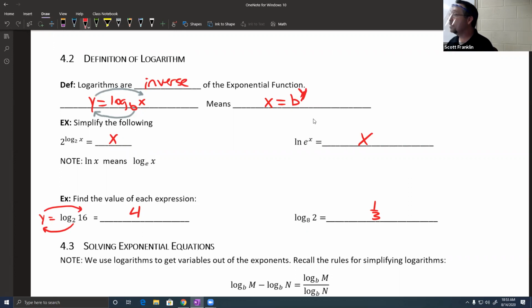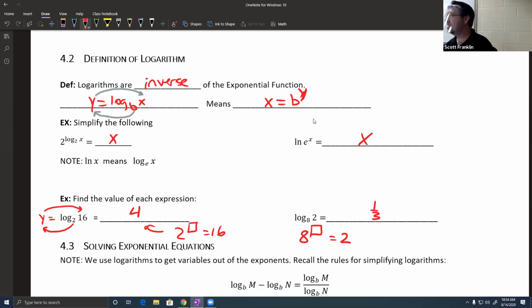What's the power that I raise 2 to get 16? 2 to the what is 16? 4, right? So this is the answer to 2 to the what is 16. This is the answer to 8 to the what is 2. Doesn't mean divide, it means what do I raise its power to?